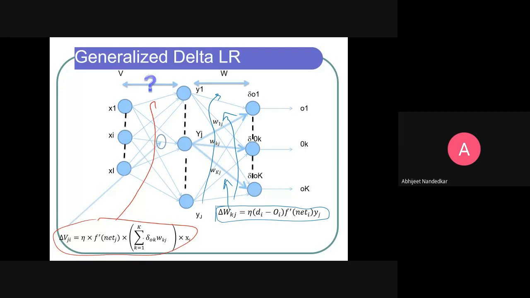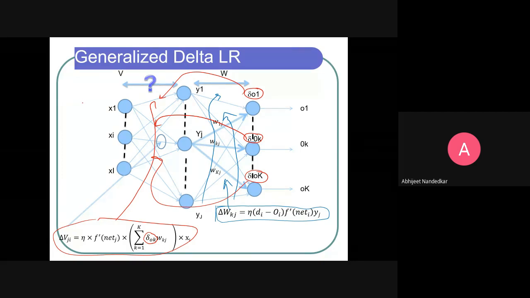Now you can see this delta OK is calculated for each neuron on the output side. So this delta OK is used to change weights here. All these deltas, these error signals calculated for the next step, are used to change the weights for the previous step.